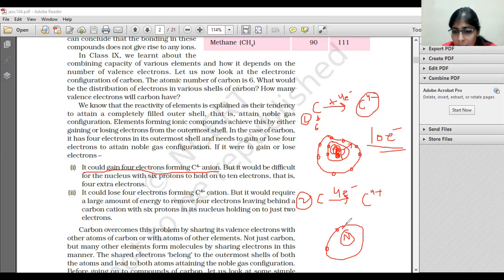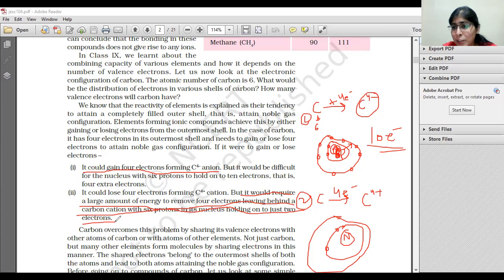Now it will take a very high amount of energy. If you have to remove all the electrons in a particular shell, you require much higher energy than removing 1 or 2 electrons. So you have to remove 4 electrons, and it will be very difficult again. It would require a large amount of energy to remove 4 electrons, leaving behind a carbon cation with 6 protons in its nucleus holding on to just 2 electrons.